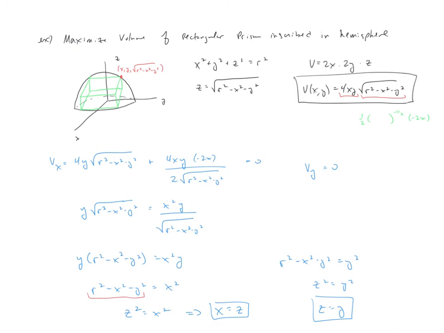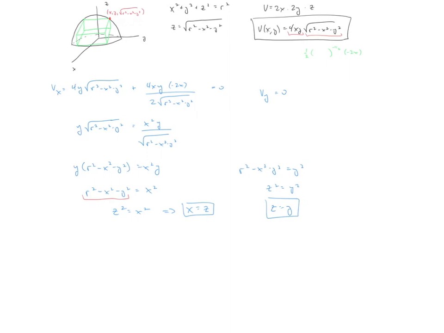All right, so let me move this up a little bit here. Now, we know that from the transitive property, if x equals z and z equals y, then of course x has to equal y has to equal z.